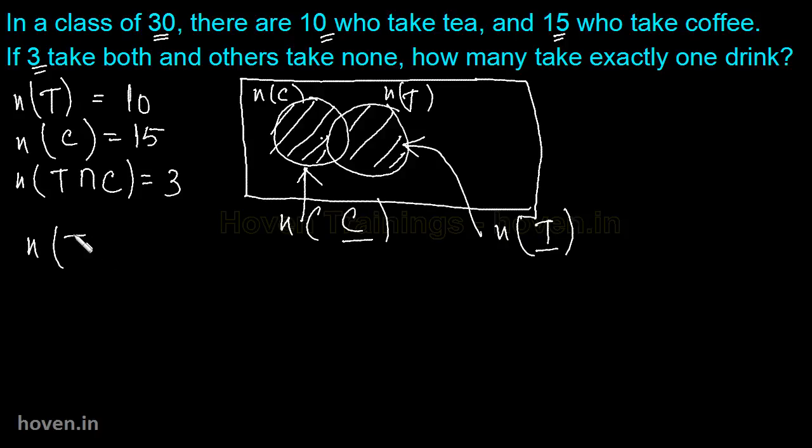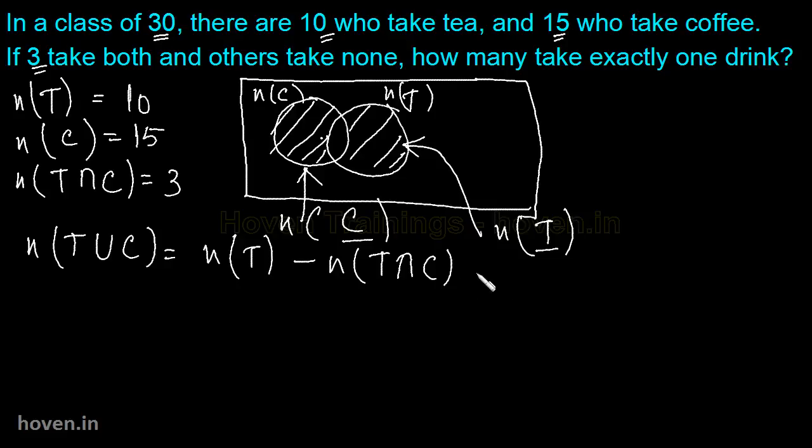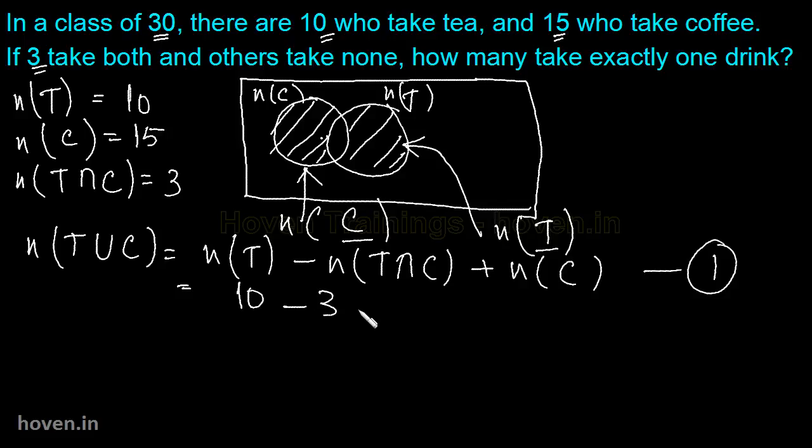We know that NT union C is equal to NT minus NT intersection C plus NC. This is one thing I know. And okay, right away I'll put the values also. This will be 10 minus 3 plus 15 equal to 25 minus 3, 22. So this is one thing I get, the union.